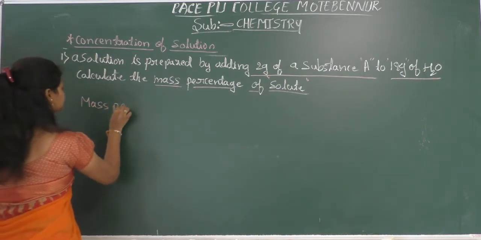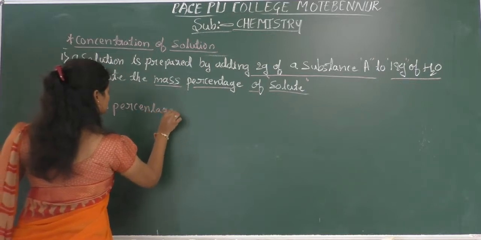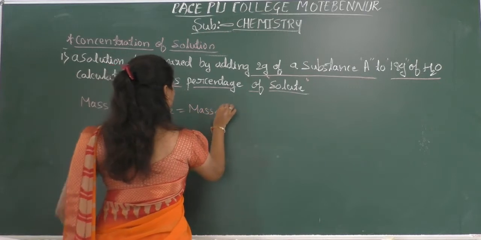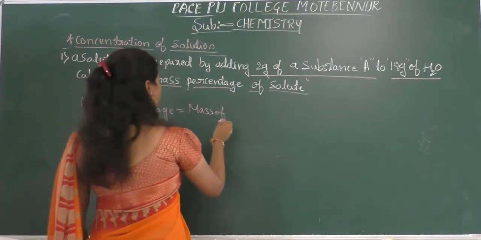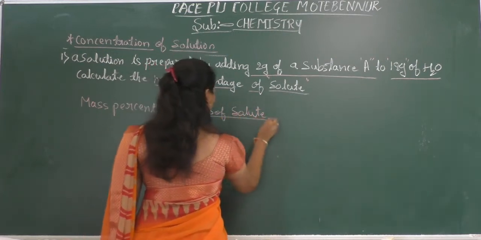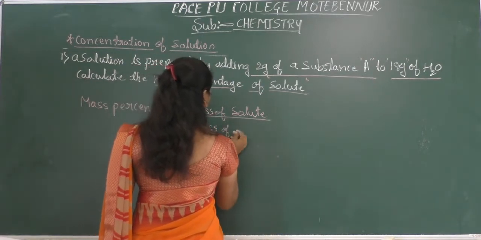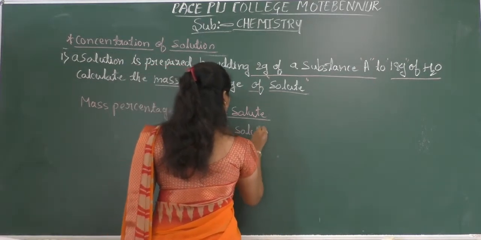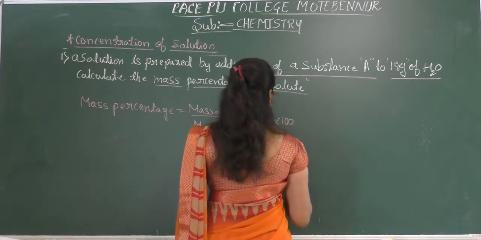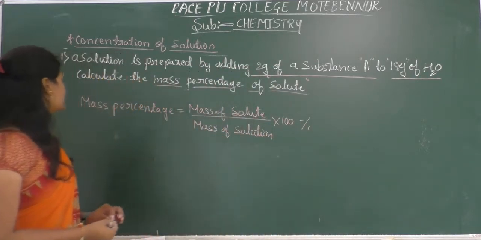Mass percentage is equal to mass of solute divided by mass of solution into 100. So this will give us the mass percentage of a solute.